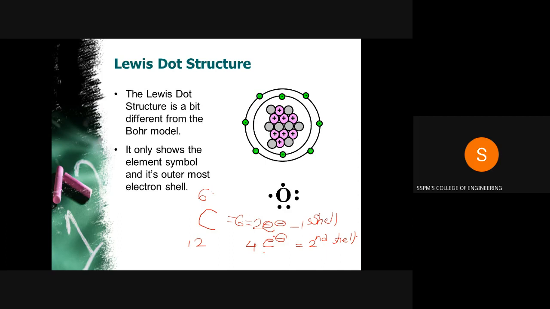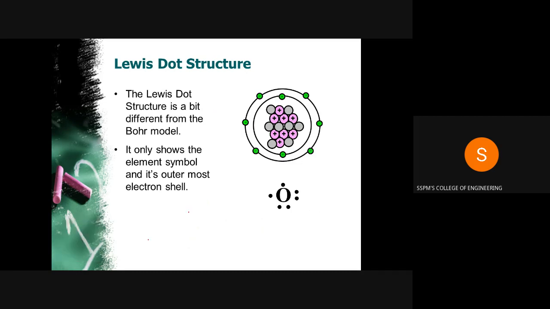So you write the 4 electrons as 4 dots. 4 dots mean 4 electrons in the outermost shell. Hence this is the Lewis dot structure of carbon, because only 4 electrons are present.